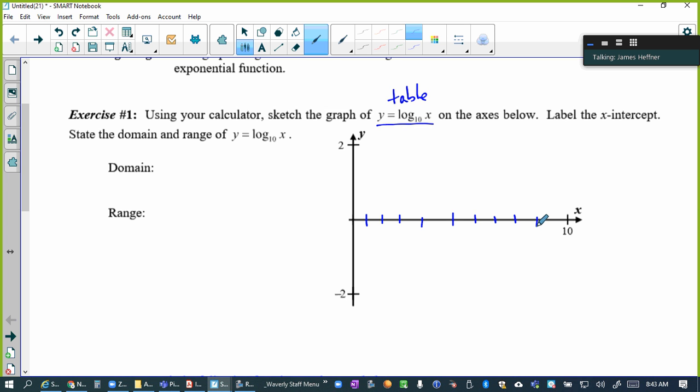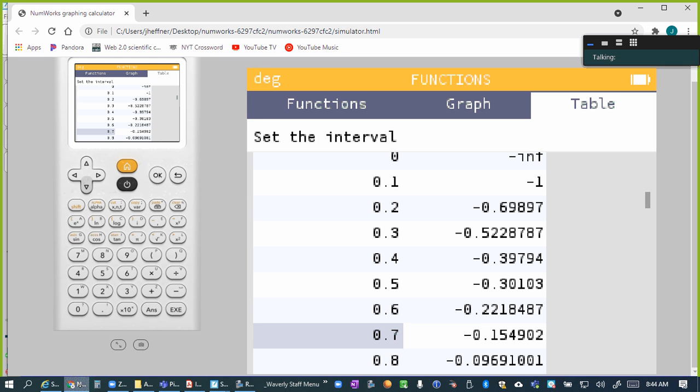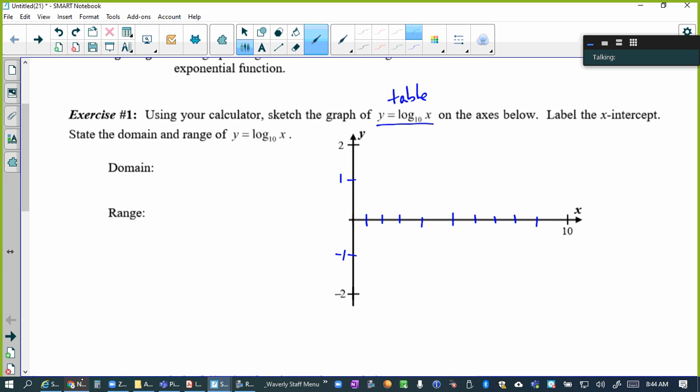Not exactly to scale. So this is -1, and that would be 1. Everybody agree? At 0.1, we had a value of what from the calculator? -1, right? So at 0.1, we have a value of -1. So right about here.